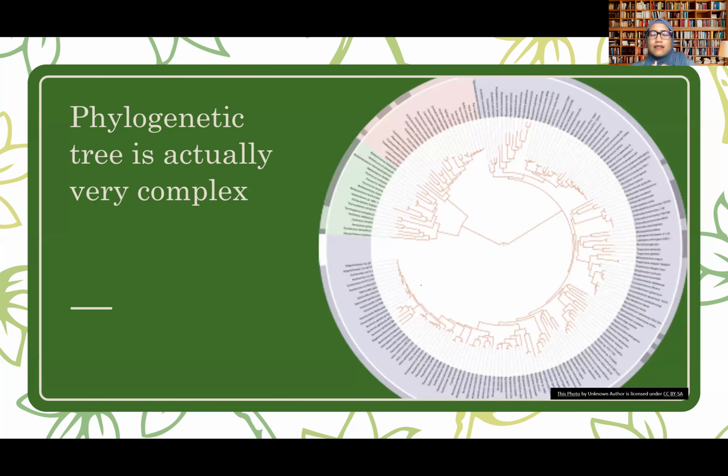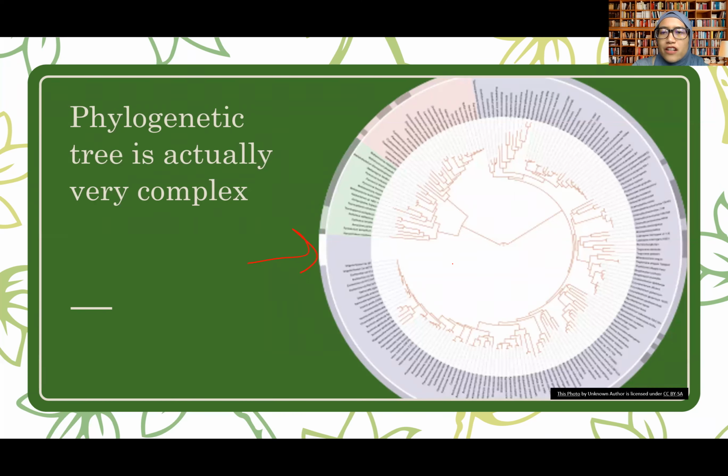However, it's actually very complex if you want to put all of the species in a phylogenetic tree. It will not even look like this. This is, I would say, simple. If you want to put everything, it's very, very crowded. But you get what I'm trying to say: a phylogenetic tree is actually very complex.